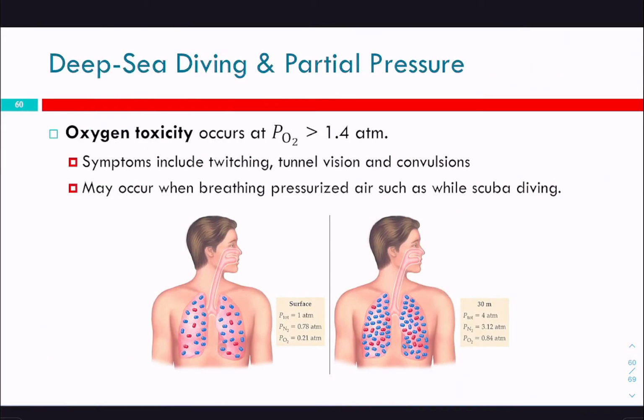So you get oxygen toxicity if the partial pressure of oxygen goes above 1.4 atmospheres. Muscle twitching, tunnel vision, and convulsions may occur when breathing pressurized air, such as while scuba diving. That's why you need the pressure regulator to be giving you constantly 1 atmosphere of overall pressure.